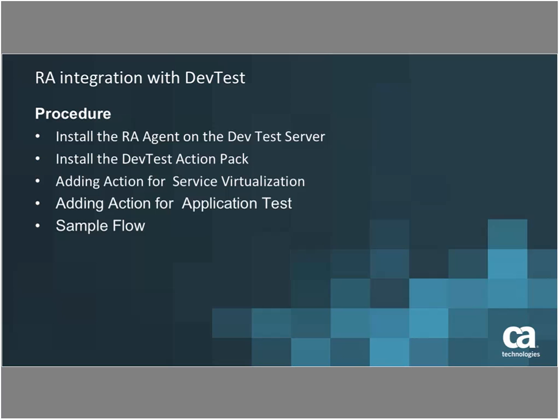The procedure would be: first install the release automation agent, and then install the DevTest action pack. Then I will show you how you can do the action for service virtualization, how you can do the action for application test, and I will show you a sample flow as well.